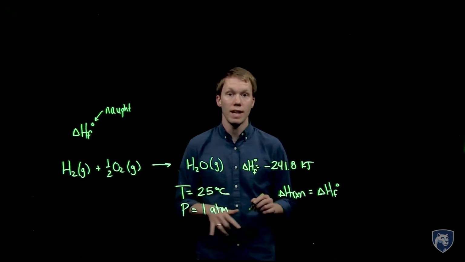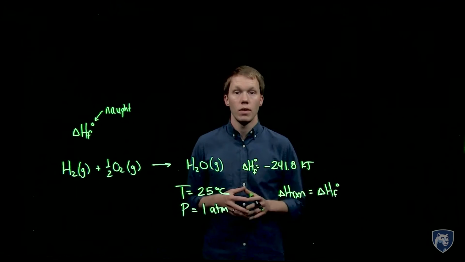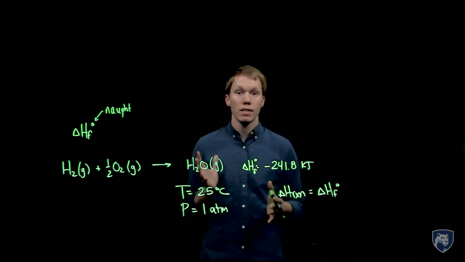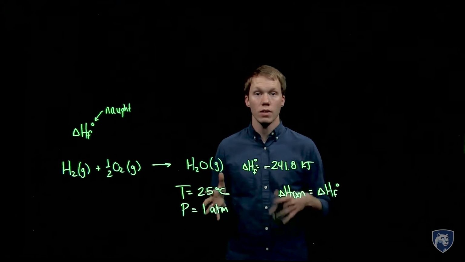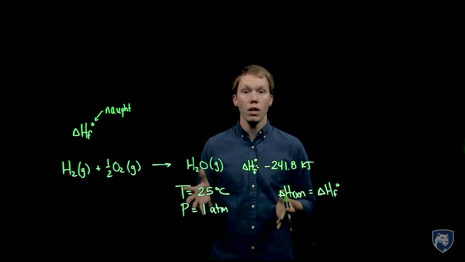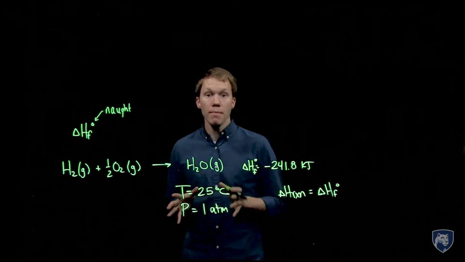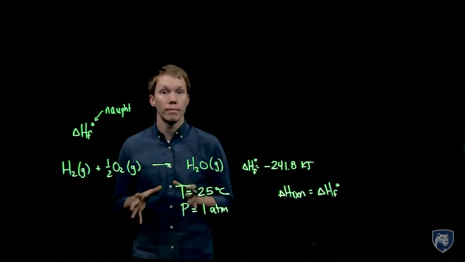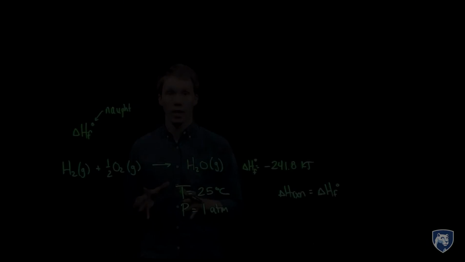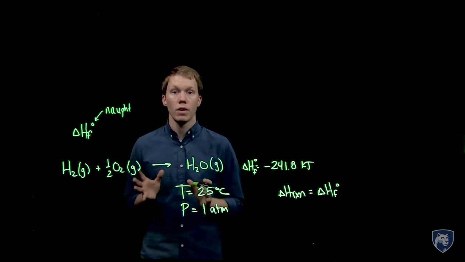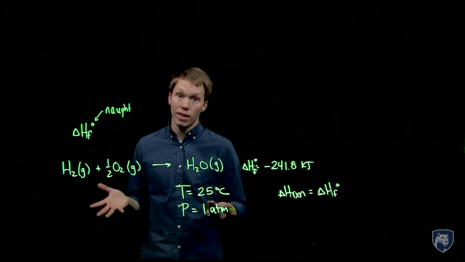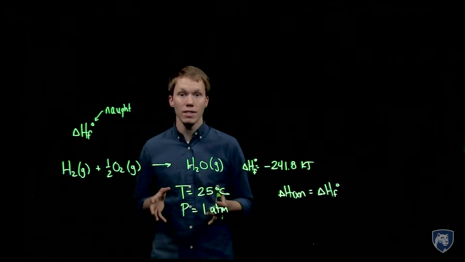So how do we know if an element is in the most stable state? Well, it's not that hard because most of the elements are either solids or gases. All of the metals and semimetals are solids, except for one, mercury. Mercury is a liquid. When it comes to the nonmetals, we know that the noble gases, as their name implies, are in fact gases.